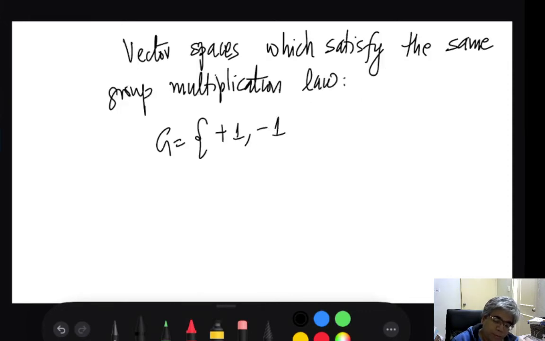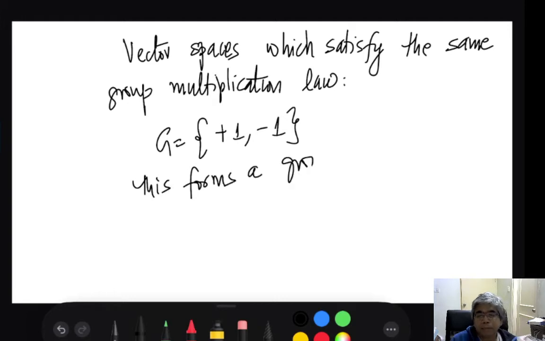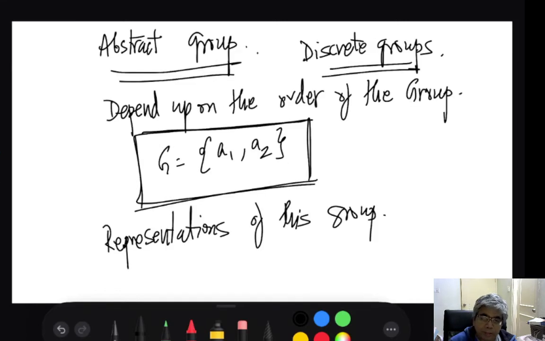This forms a group, but this is a representation. So this is a representation in a different vector space, a different space essentially. This group is a representation of this abstract group. This is the abstract group, where we don't specify what these elements are.